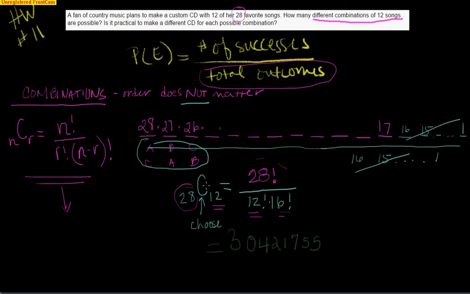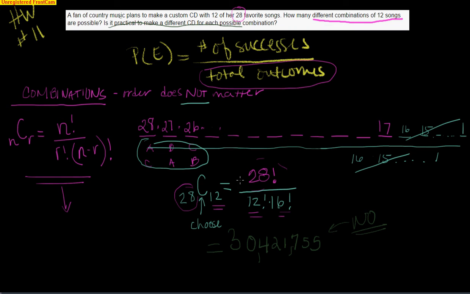It's this many, 30,421,755 different ways that she could create her songs. So when it asks, is it practical to make a different CD for each possible combination, I'm thinking no. That would take you a lifetime, right?